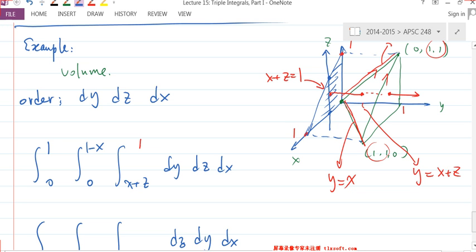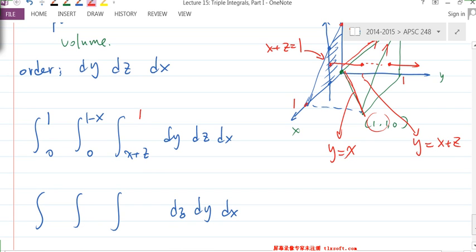Then you draw another line in the positive y axis direction, and then the x direction. Got it? So here are the limits, dz, dy, dx: 0 to y minus x, to 1, and 0 to 1.